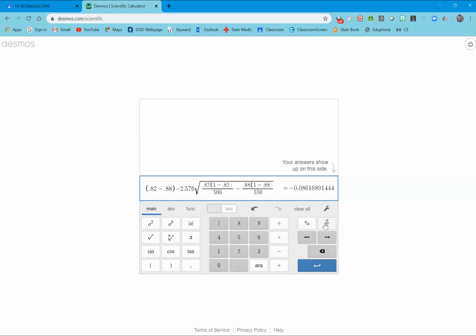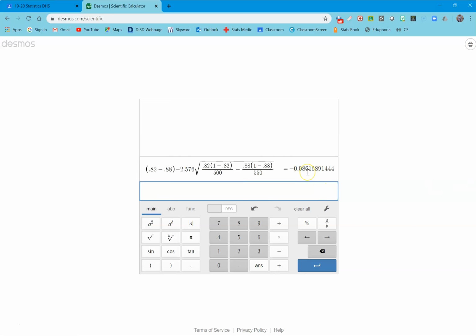And so our low number is going to be 0.086. Oh, that's not right. I'm sorry. This is supposed to be a plus sign. There we go. That's correct.